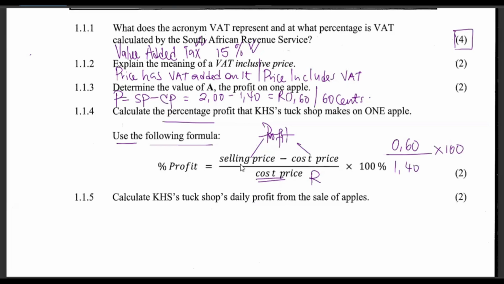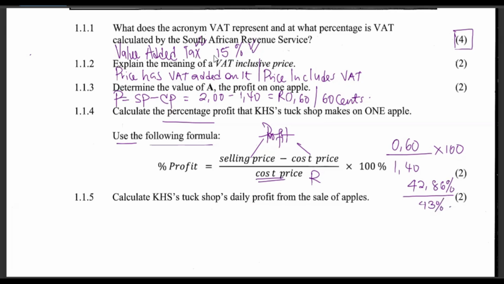Multiply by 100, and the answer becomes 42.6%, or you can say 43%.